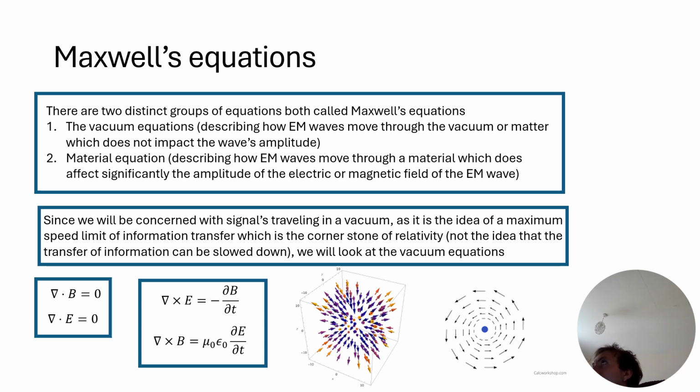cease to be, to a good approximation, a radial field. So it's telling us that essentially if the magnetic field starts oscillating very quickly or changing very quickly, the electric field can no longer really be considered to be radial at all, and we have to abandon Coulomb's law for the electric field.